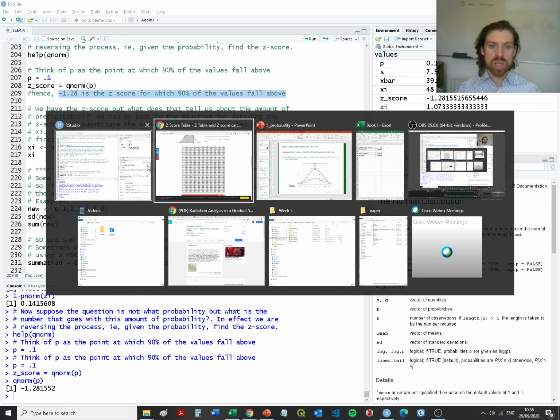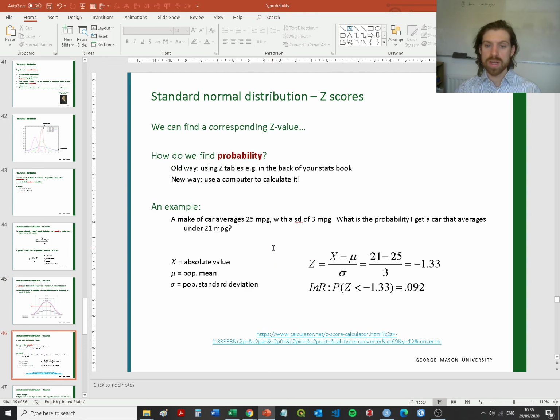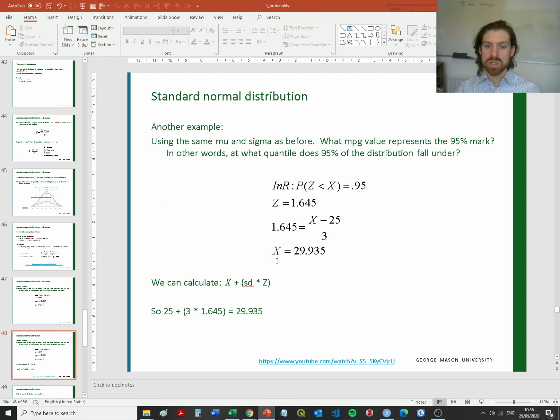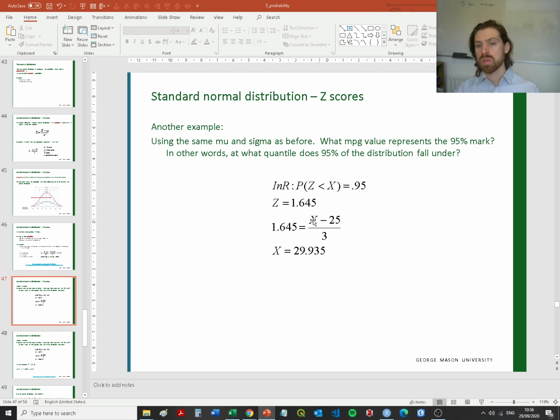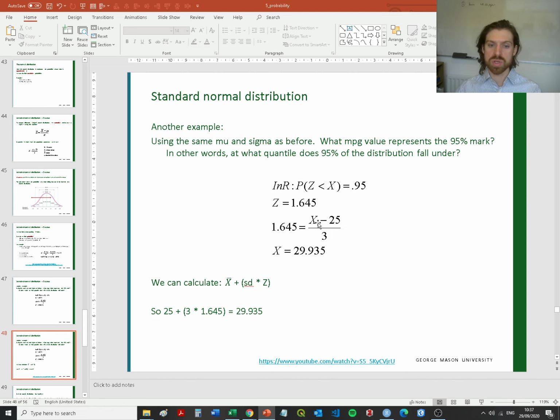We covered this particular problem already within the lecture. The question was, if we know the z-score, we know the mean, and we know the standard deviation, how do we find x? This is the absolute value at which you're able to provide some sort of confidence that the values you get are going to be at some point within the distribution.